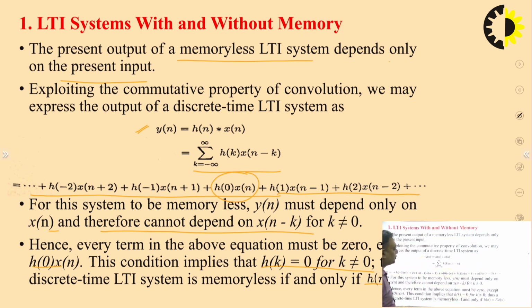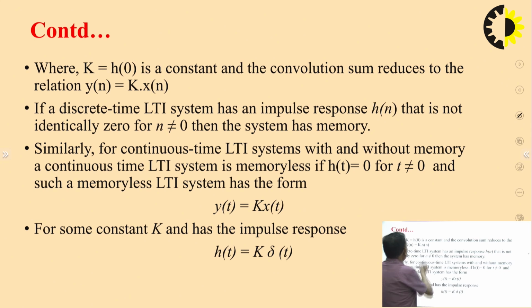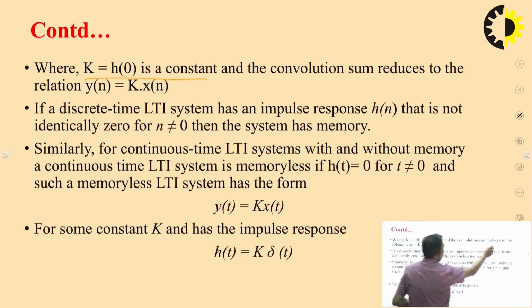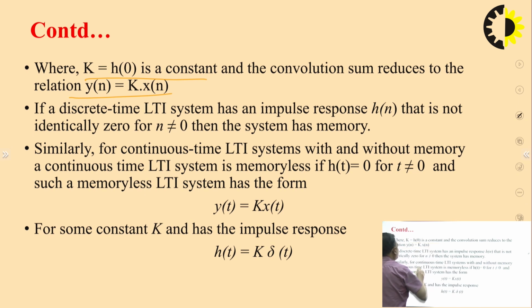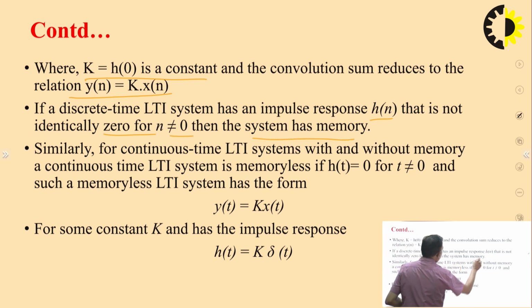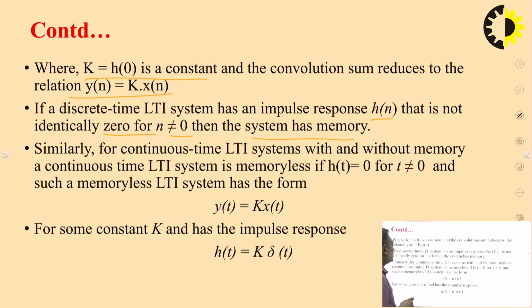Delta[n] is defined only at n equals 0, so we get this term, and k is some constant, where k equals h[0], and the convolution sum reduces to y[n] equals k times x[n]. If a discrete time LTI system has an impulse response h[n] that is not identically 0 for n not equal to 0, then the system has some memory.